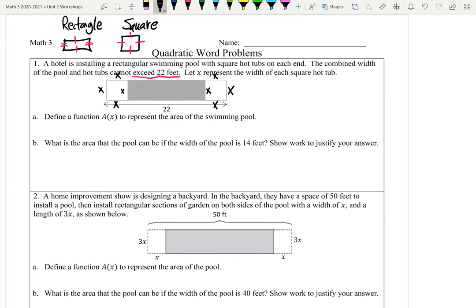So we need to figure out the area of the swimming pool. To find the area, we're going to need to find just the base region here. Our issue is that we know the whole region is 22.